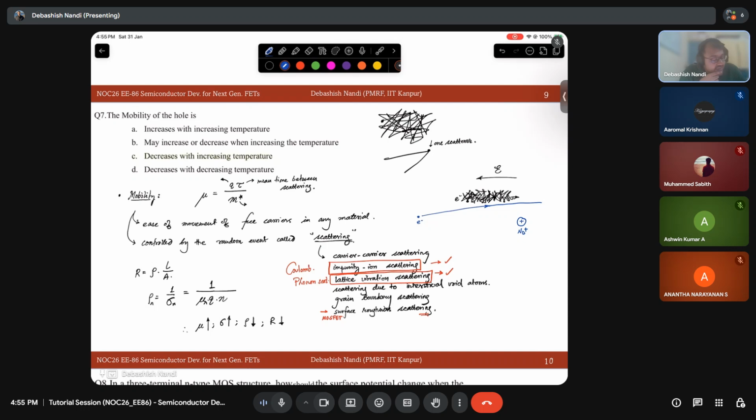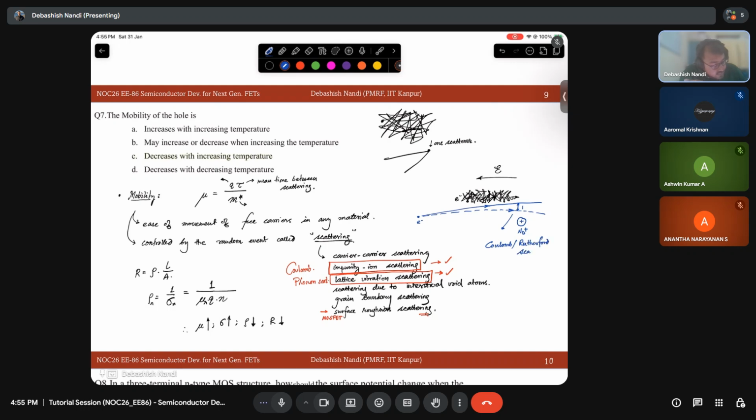So if there is a positive charge sitting here, of course its path will get deviated due to Coulombic attraction, right? So this creates a scattering event. Okay. So this scattering is called Coulomb scattering, or sometimes, a more rudimentary name is Rutherford scattering.